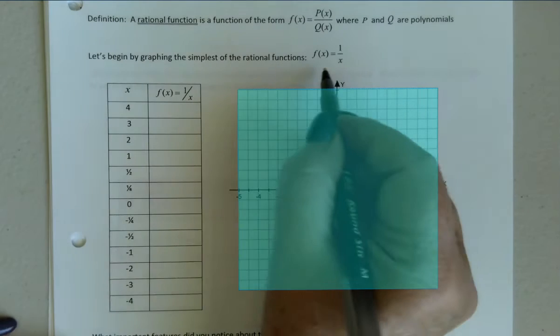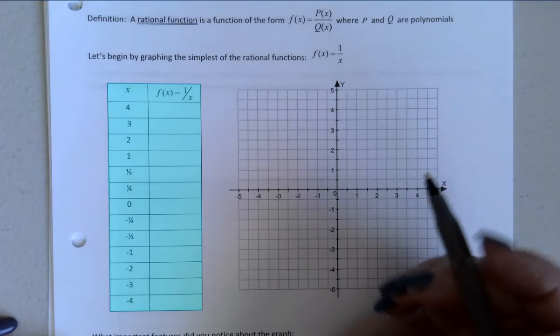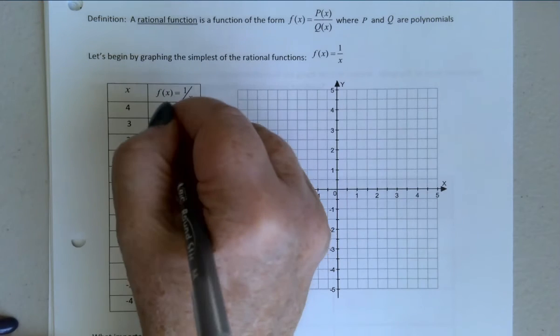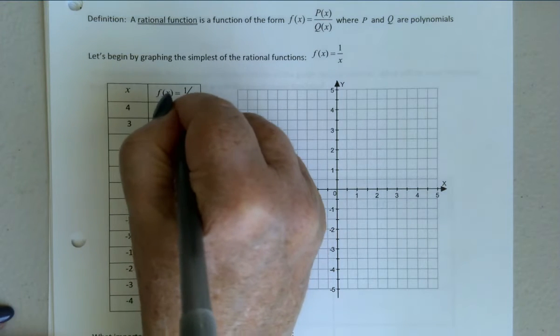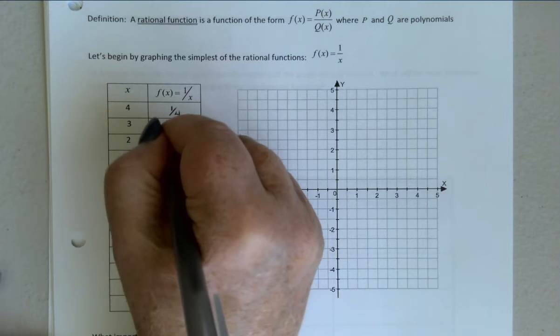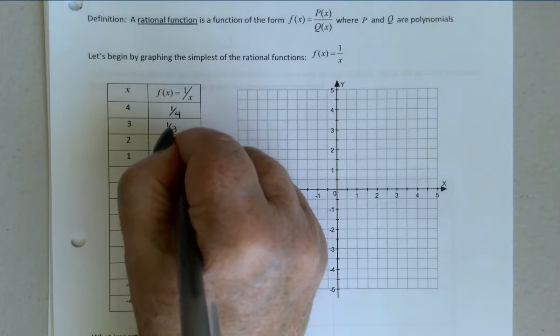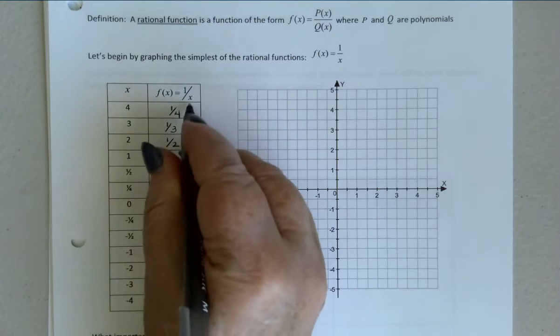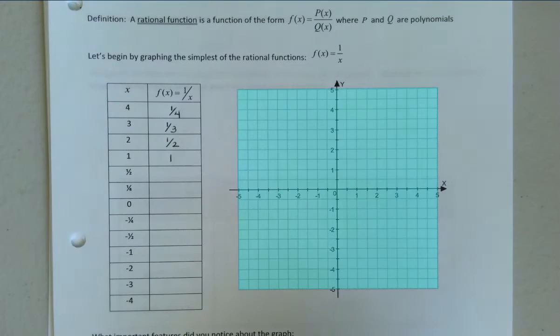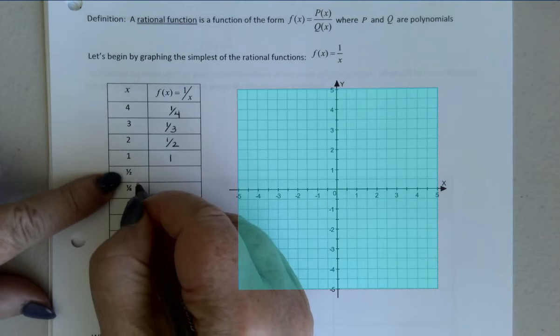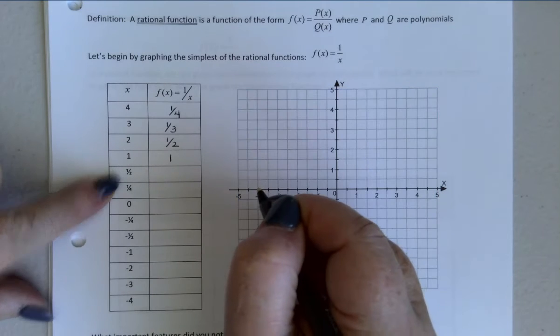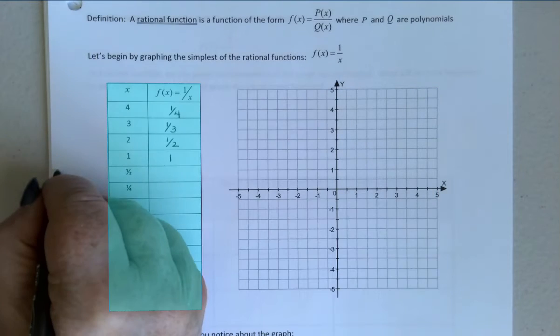So first of all, my function f of x is 1 over x. So I'm going to start over here. If x is 4, that's just 1/4. When x is 3, we've got 1/3, 1/2. 1 over 1 is still 1. And remember that when you divide by a fraction, it's just like multiplying by the reciprocal.